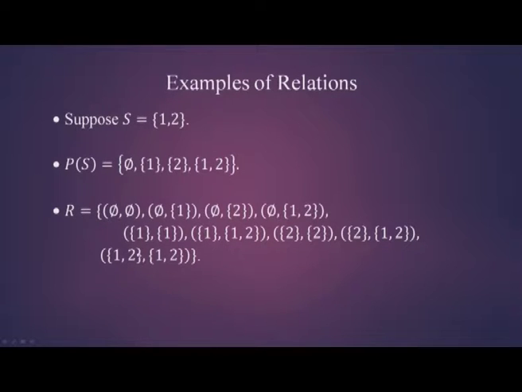Then when we start with {1}, {1} is a subset of {1}, {1} is a subset of {1, 2}. Then we start with {2}, {2} is a subset of {2}, {2} is a subset of {1, 2}, and eventually {1, 2} is a subset of the set {1, 2} itself. So, this listing gives us the relation defined by the subset-equal relation.